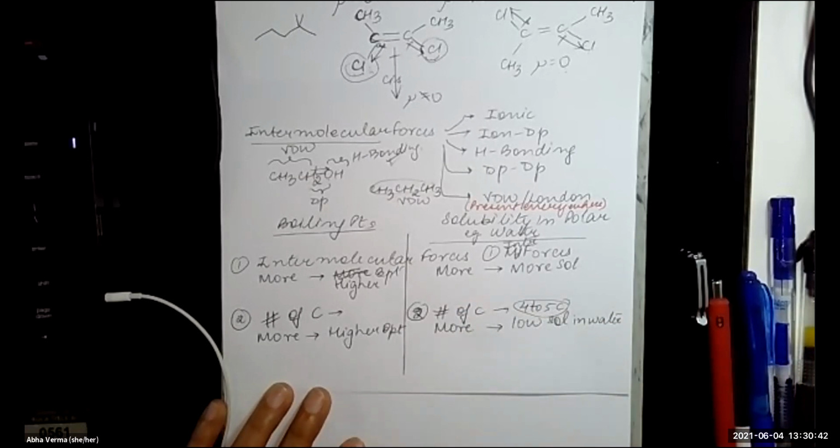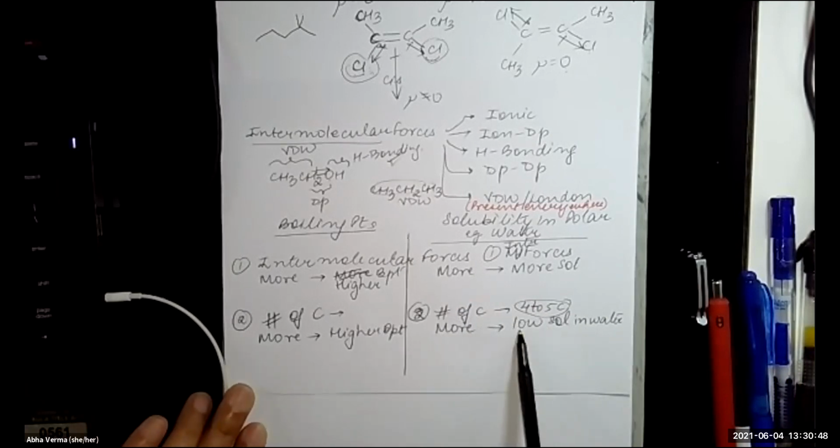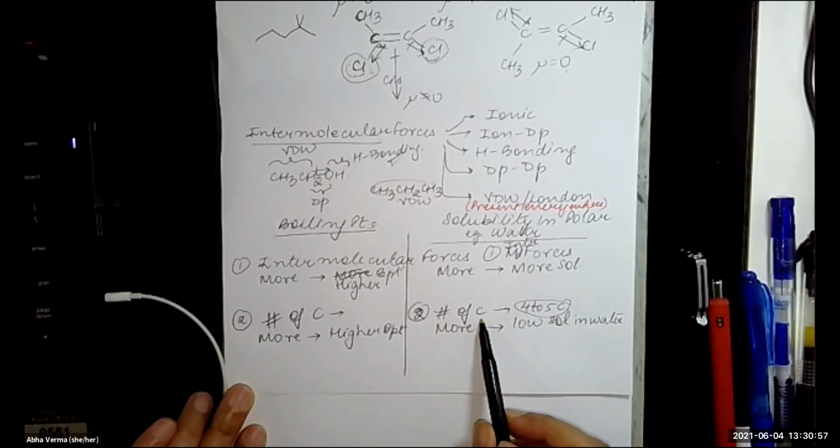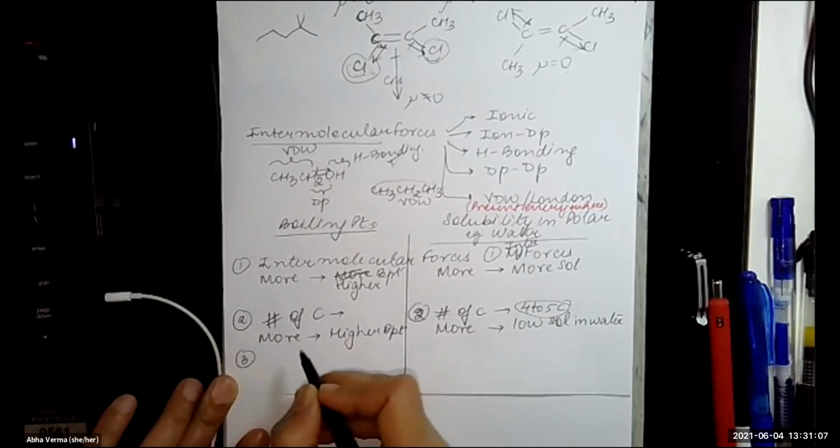After that, they are insoluble in water. So as the number of carbons increases, your solubility in water will decrease. What will happen to your solubility in a non-polar solvent like pentane or hexane? As the number of carbons increases, your solubility in the non-polar solvent will increase. But in water, it will be less.